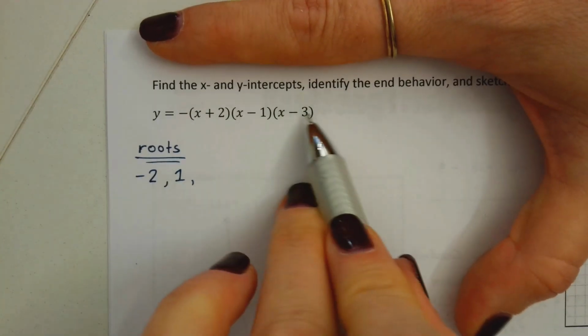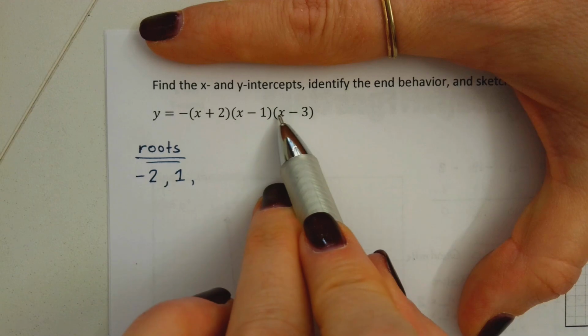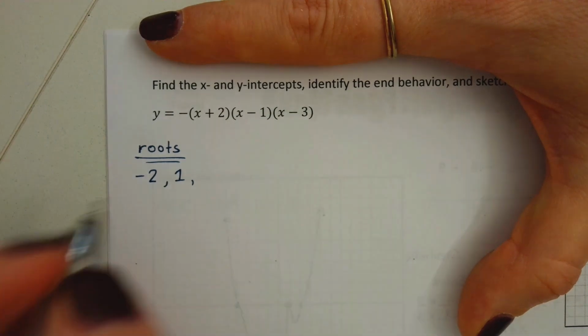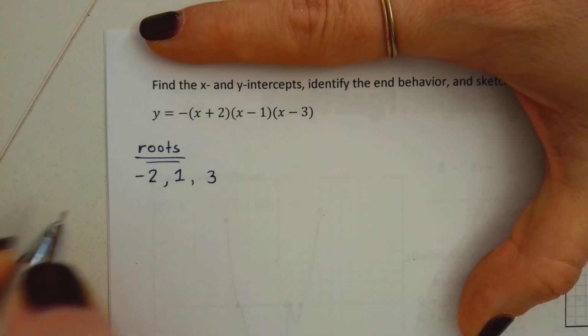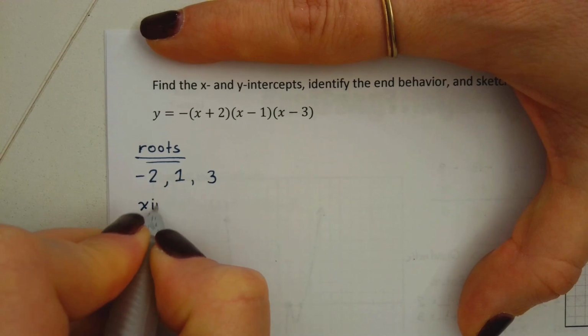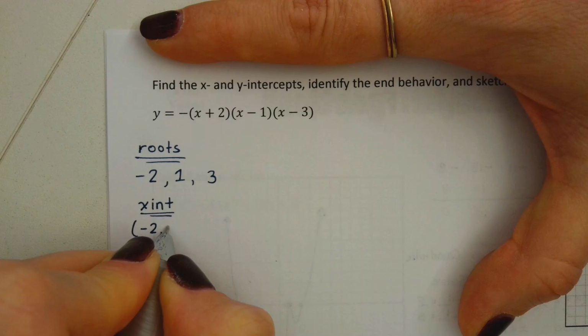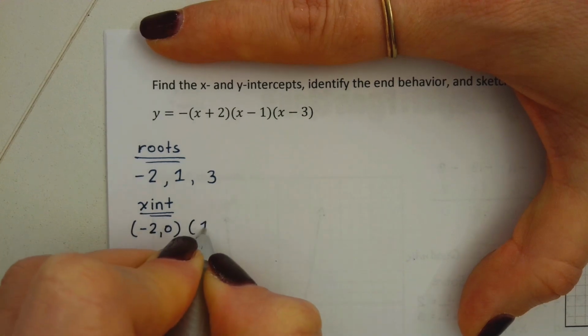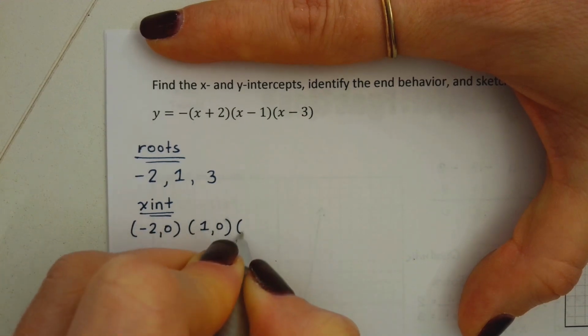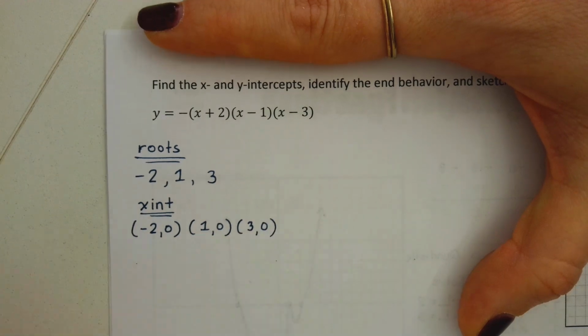Okay, and same thing for the last one. If I took x minus 3, set it equal to 0 and solved it, what would be that root? 3. So this helps me figure out what my x-intercepts are. I know one's at negative 2, 0, one's at 1, 0, and one is at 3, 0.